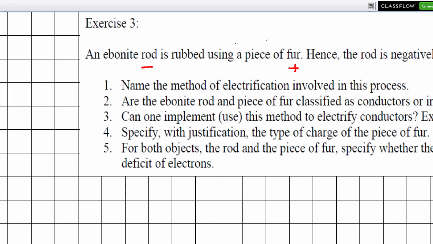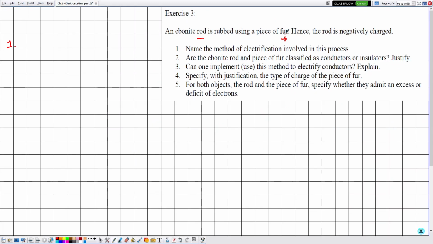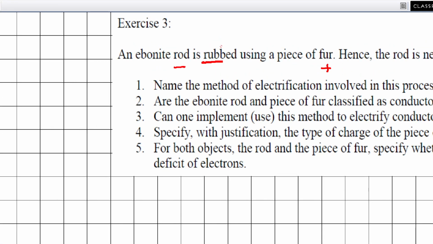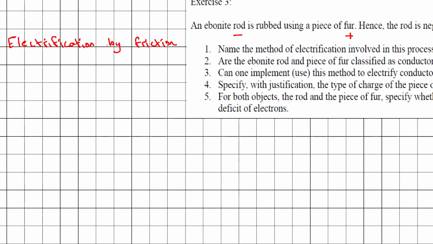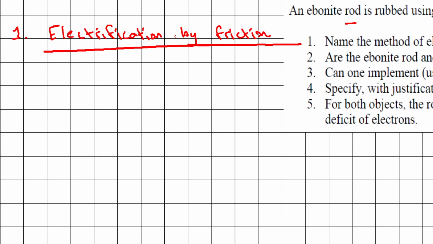As I have mentioned, the ebonite and the fur are insulators, and here because we are using rubbing, the name of the method is electrification by friction. So let me repeat, since we are rubbing, then the rubbing is said to be electrification by friction.